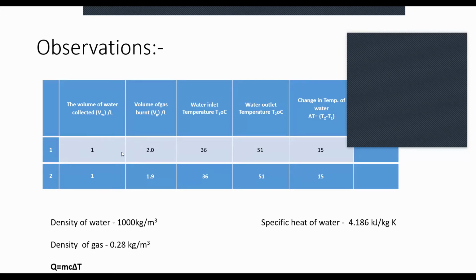Just replace it and get the Q, right? How much energy is absorbed by the water, or in other words, how much energy is produced by burning this amount of gas, right?